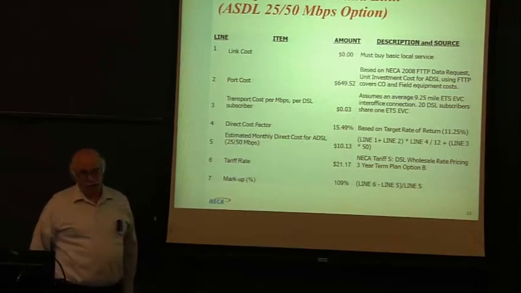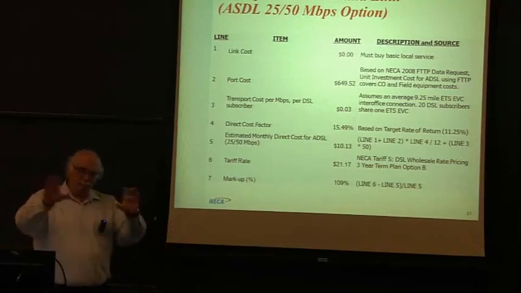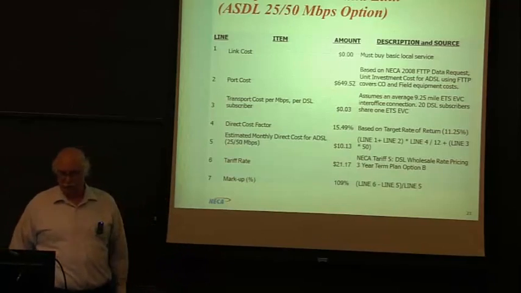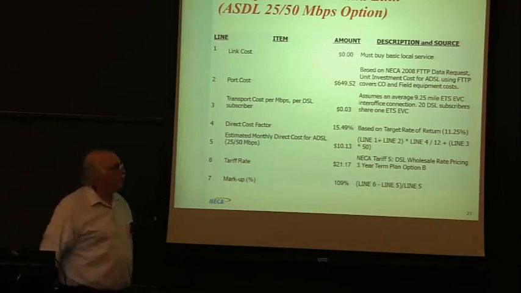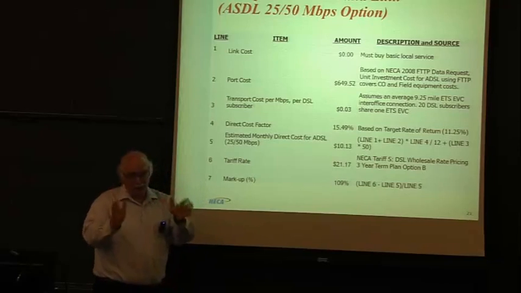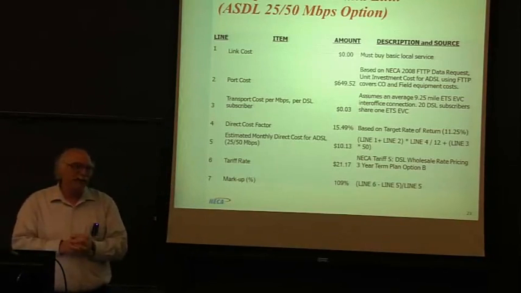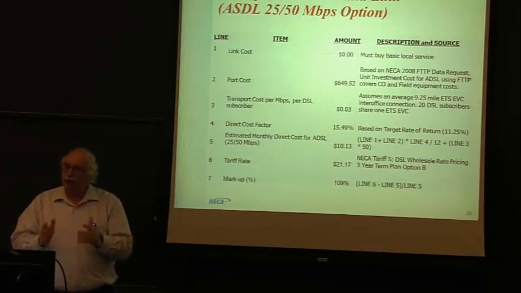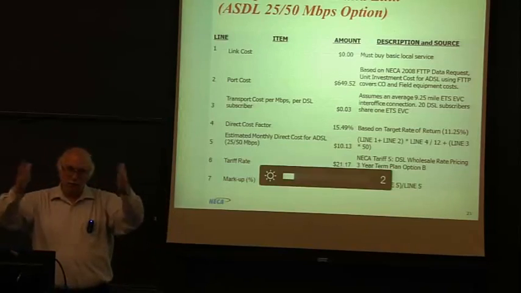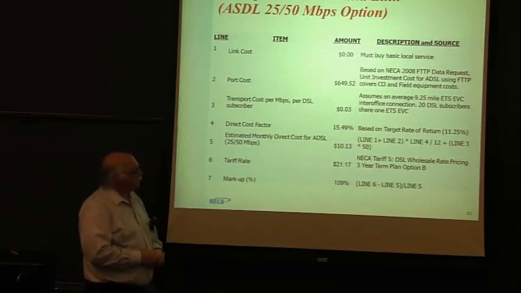Then there are transport costs. Remember, a lot of the backbone is a ring, transporting all sorts of services, so a lot of traffic is combined on there. Let's say somebody off to the side has figured out what the transport costs are per megabit per mile for this backbone infrastructure.